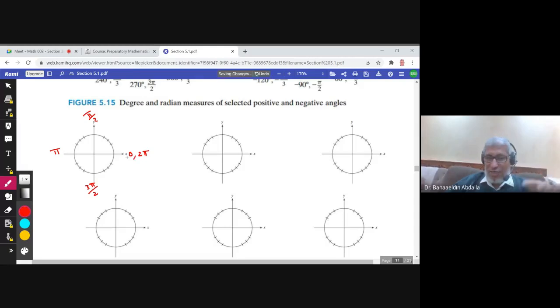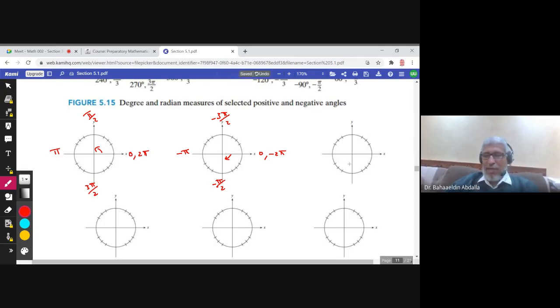You notice also that 0 and 2 pi have the same initial side and the same terminal side. Okay, this is in the positive direction. If you go in the negative direction, this would be 0. This is negative pi over 2. This is negative pi. This is negative 3 pi over 2. And this is negative 2 pi. Okay, this is the angle 90.